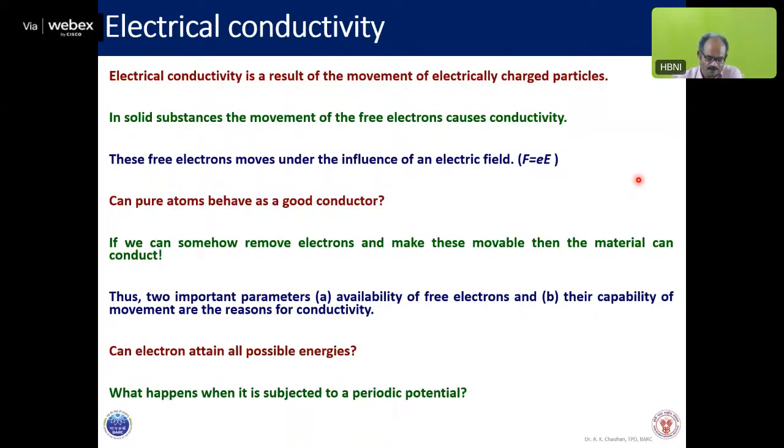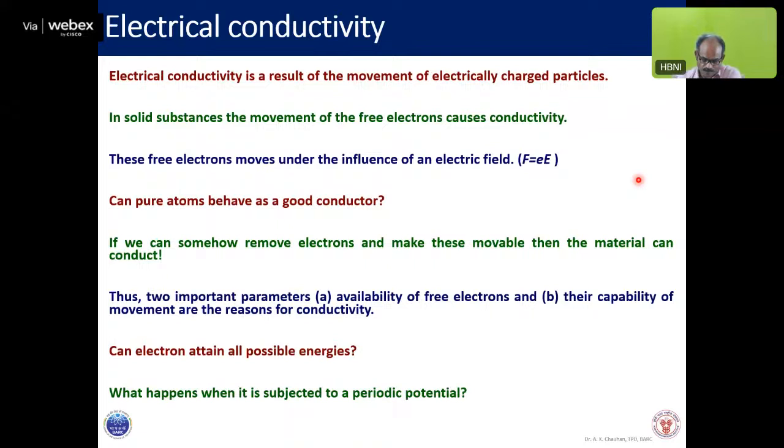When I said that an electron can have all possible energies, that means it is almost free. Whatever voltage or field you apply, it will experience a force accordingly.